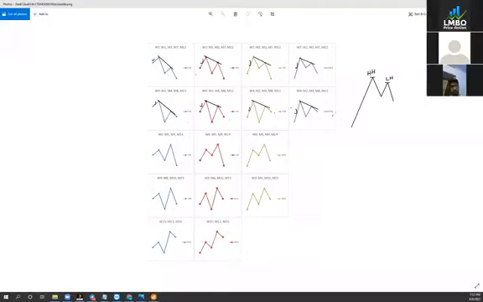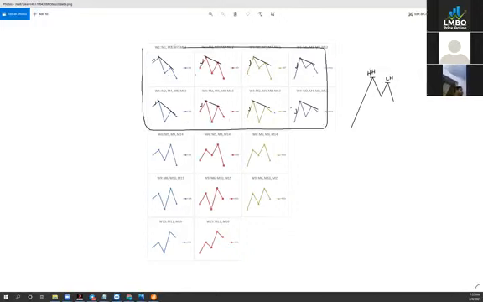Now you can see that the two tops are showing the higher high and lower high. All these patterns are showing higher high and lower high, higher high, lower high, right?